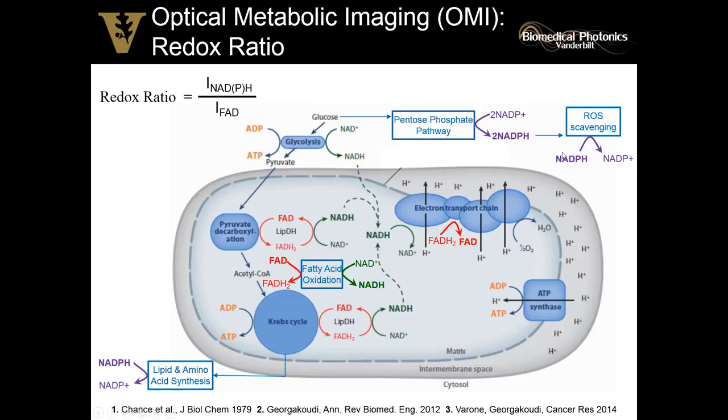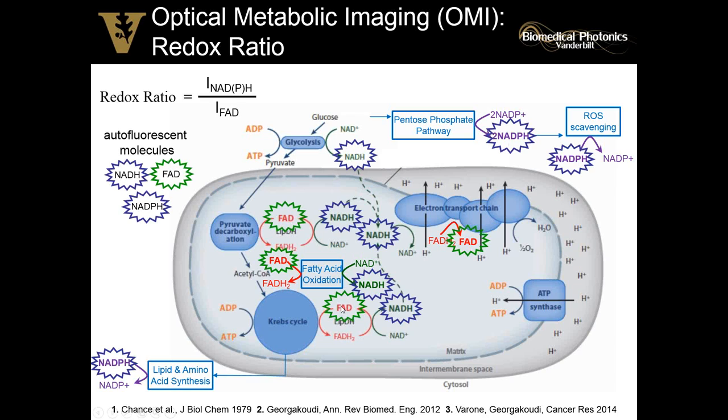So when you look at the redox ratio, you have to remind yourself that you're looking at many reactions, and it provides a general idea of the reduction-oxidation state of the mitochondria. Also, depending on the cell you're looking at, it can be modulated by these other reactions in the cytosol. So I wanted to point out where these fluorescent molecules are here. NADH, as I've shown, is involved in lots of reactions in the mitochondria and in the cytosol, and NADPH mostly in the cytosol.